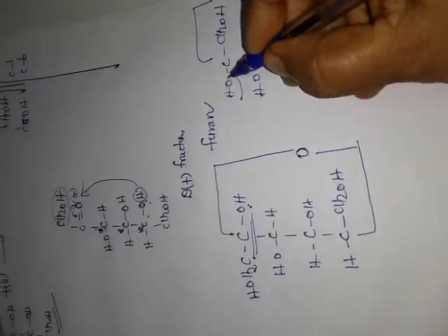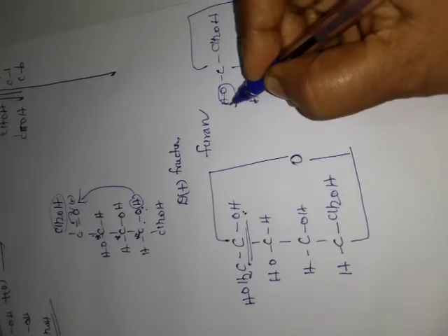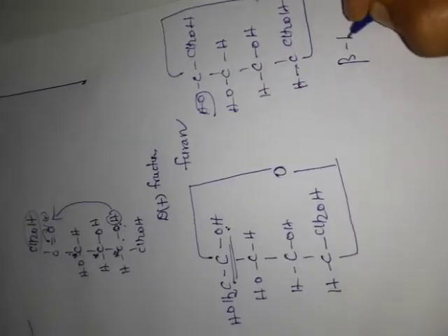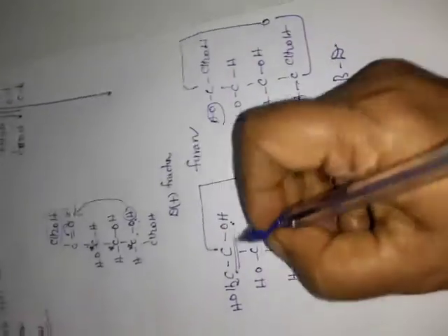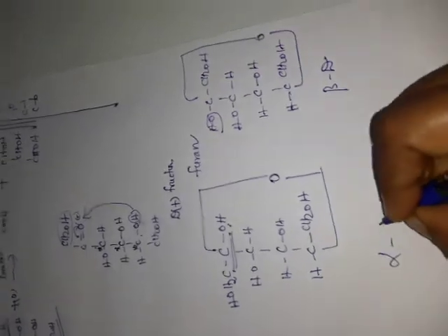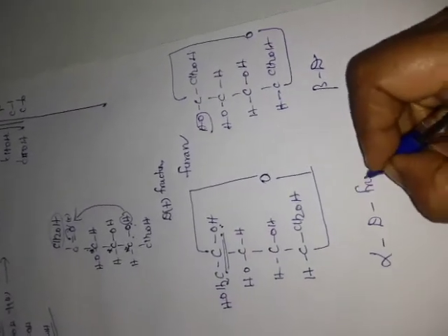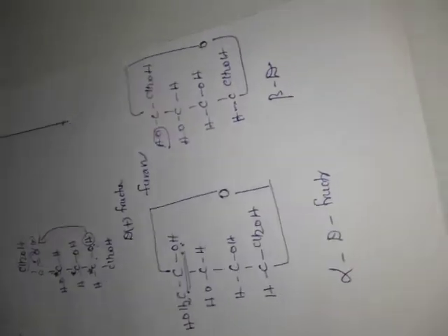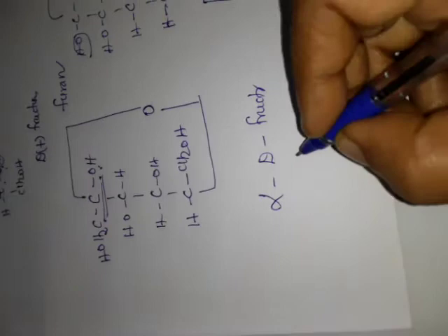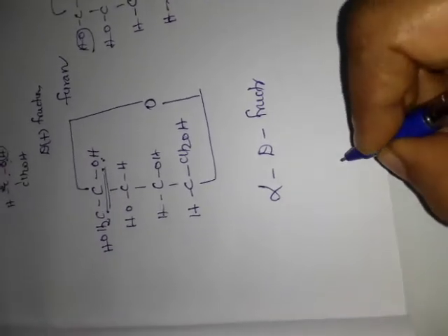Since this OH is present on the left side, this is called beta D fructose. This OH present on the right side is called alpha D fructose. Alpha D fructose, beta D fructose. So a cyclic form can be formed, like furanose. It's a 5-membered ring.